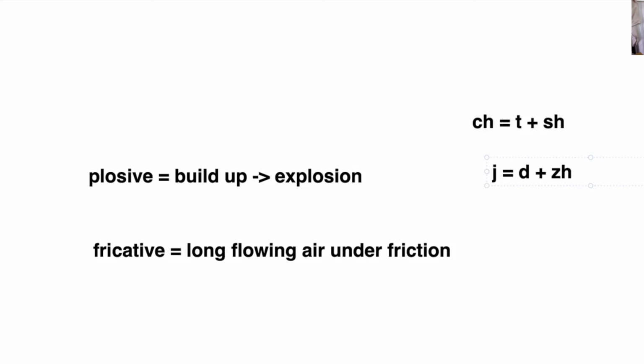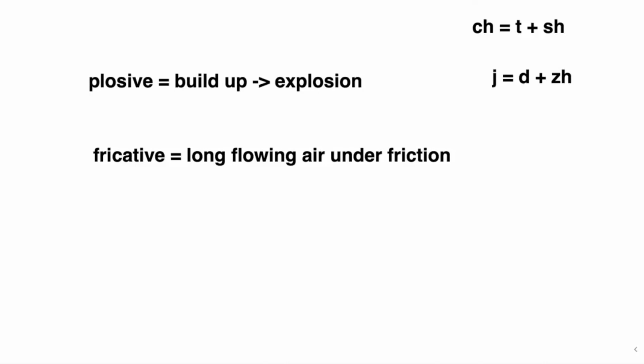D, zh. Okay, shall we see? D, zh, d, zh. Now, instead of going d, opening up to, I'm going to open to zh. D, zh. Ready? J, j, j, j, j.